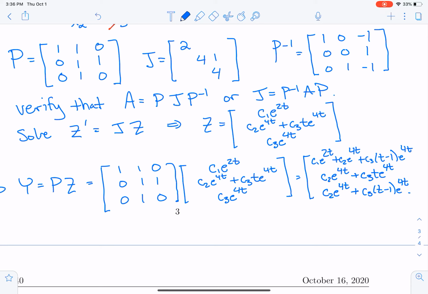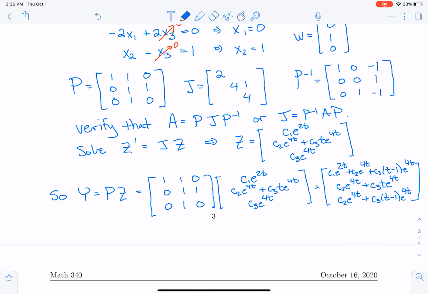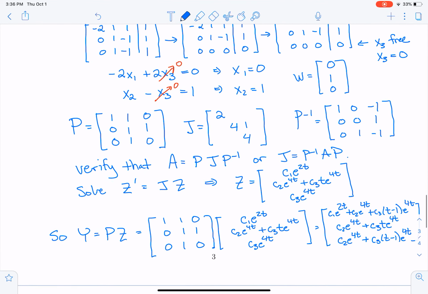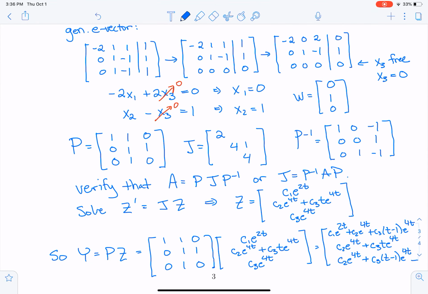And so in fact, that is going to be our solution, P times Z. And so that does look incredibly long, but that is the method by which you can solve a non-diagonalizable system of differential equations.